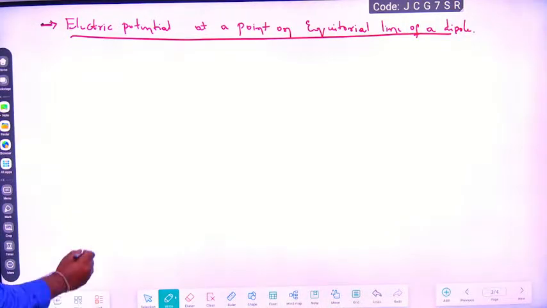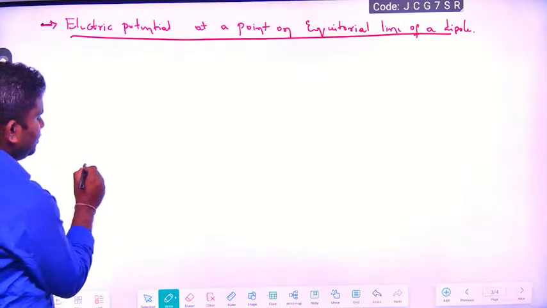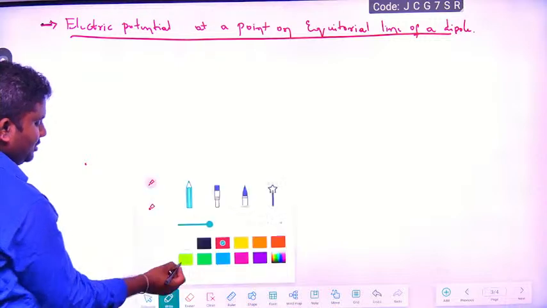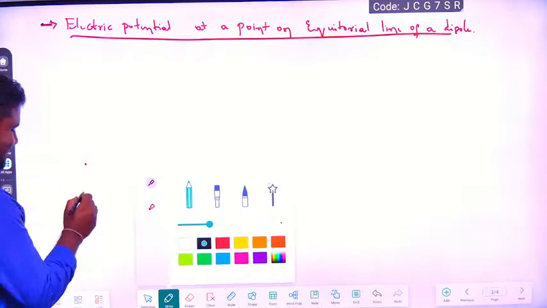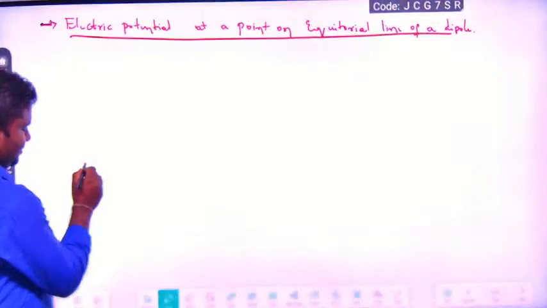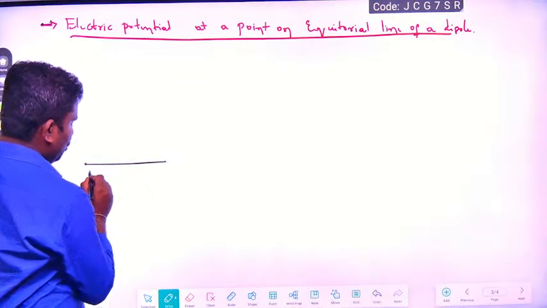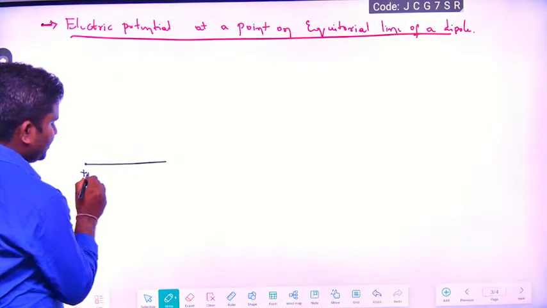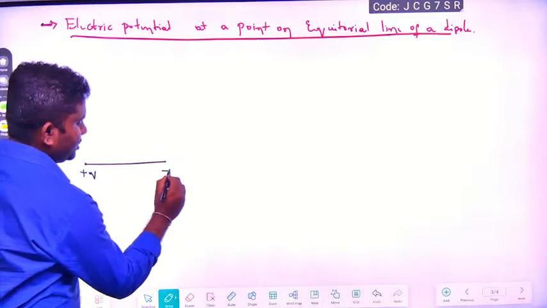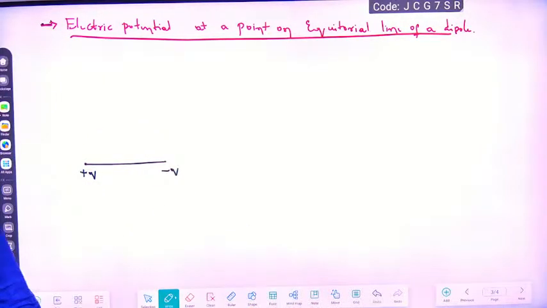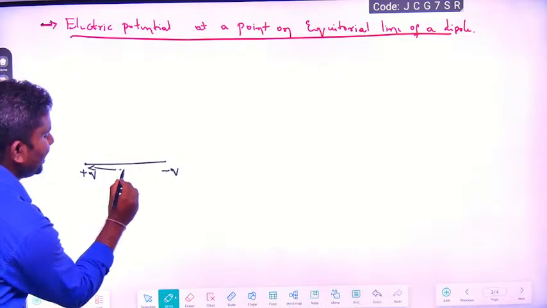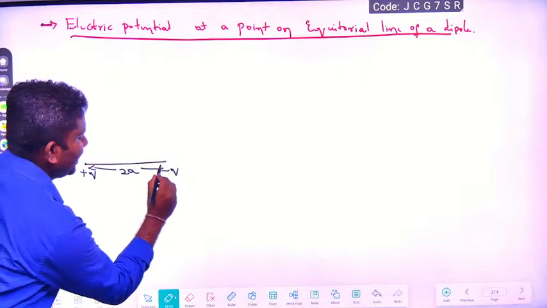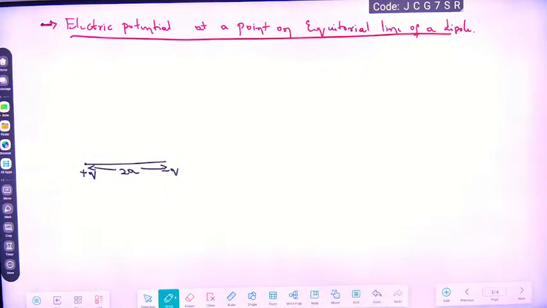Take a dipole. What is a dipole? We discussed just now what a dipole is.